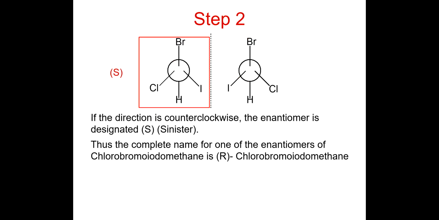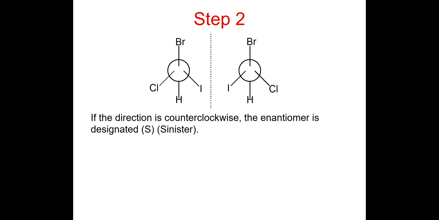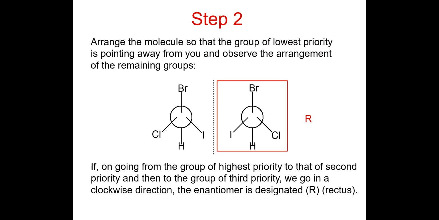So to conclude, how do we tell the configuration of an enantiomer? First thing, we need to determine the priority of the four groups or atoms that are linked to the stereogenic center.